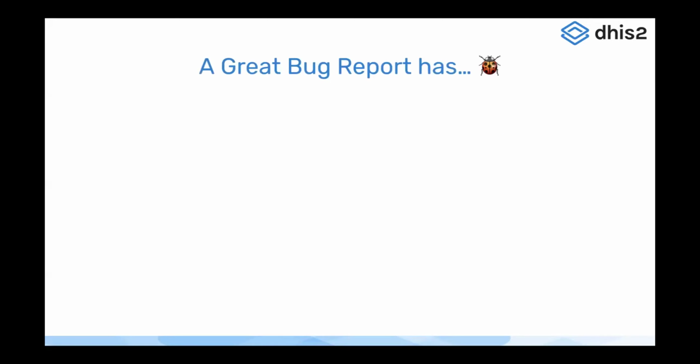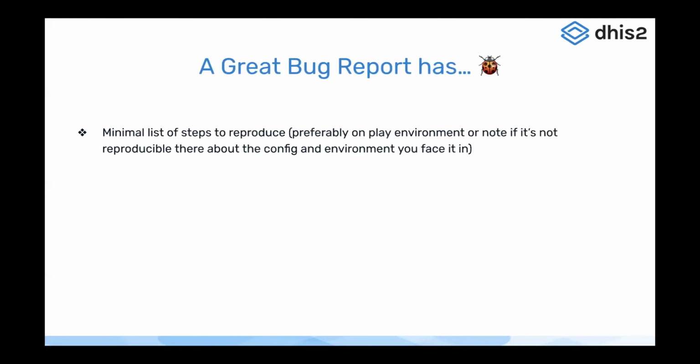So a great bug report has a minimal list of steps. So if you can just have like a minimal list, it's really great, and preferably on a play environment. Or note if it's not possible to reproduce there, and how we can set up an environment that could help us. Actual and expected result, because sometimes we may assume that, oh, it should work this way, but actually it's the opposite when it comes to the intended way and so on.